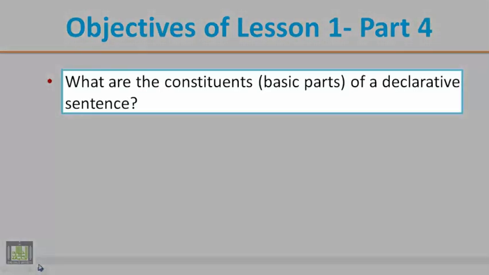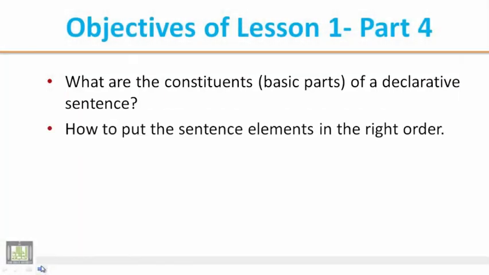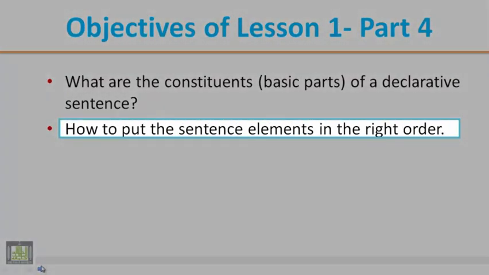First we will learn what the constituents, basic parts of a declarative sentence are. We will first learn what the basic elements of the sentence in English are. And two, how to put the sentence elements in the right order, how to arrange these elements correctly in the sentence to form a grammatically correct sentence.